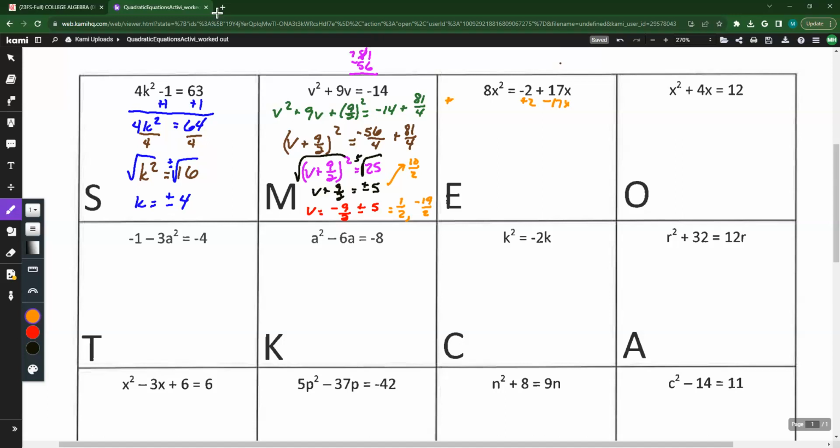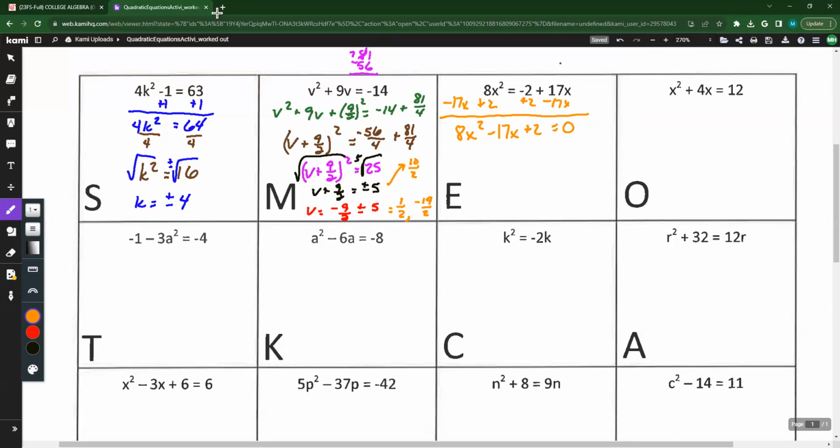So minus 17x and plus 2. So what I really have to work with is 8x squared minus 17x plus 2 equals 0.